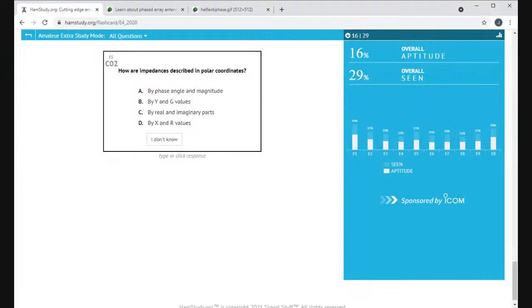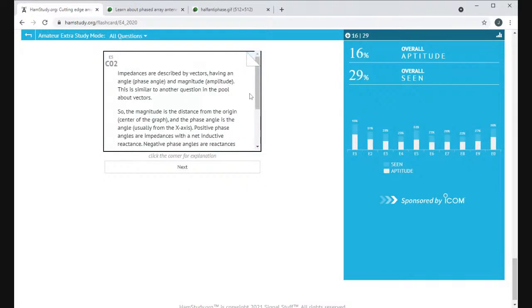I believe it's C. Nope, I'm wrong. It is A, phase angle and magnitude. Impedances are described by vectors having an angle, phase angle, and magnitude or amplitude. This is similar to another question in the pool about vectors.